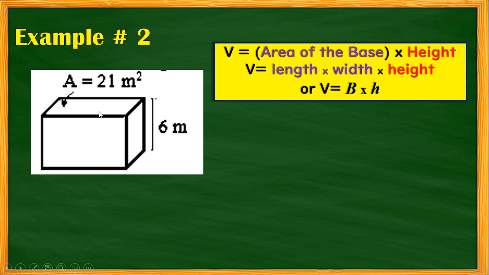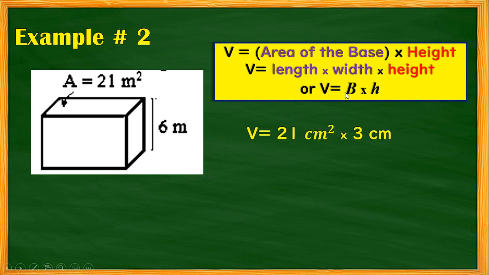So this would be a rectangular prism, right? The area of the base of the rectangular prism is length times width. But in this problem, the area is already given. So we have 21 square meter.